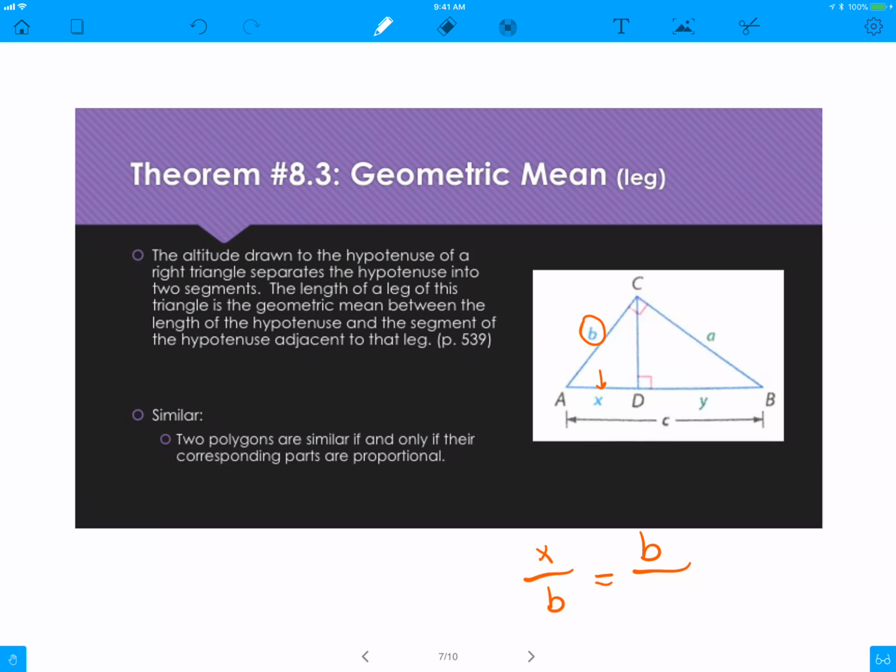X is closest to B. And what is the whole hypotenuse called? What letter did they use? C. That goes right here. That's the formula. That you're going to pick the part closest to the letter B, which in our case is X, and the entire hypotenuse, that goes in the other part. So it's the second formula out of the two.